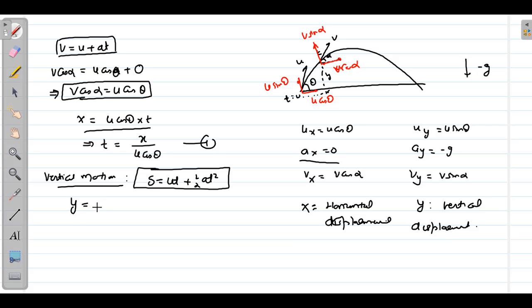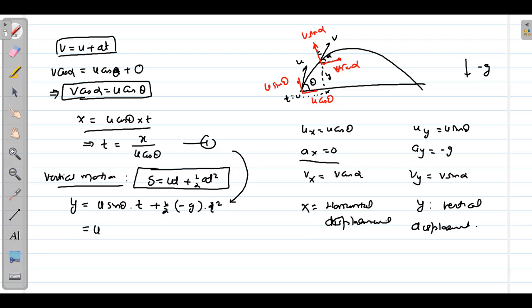It is equal to u sin theta, this is the initial velocity, into t. To reach y, it takes time t, plus half, and acceleration along the y-axis is minus g. We put here minus g into t square. And t is replaced from equation number 1.